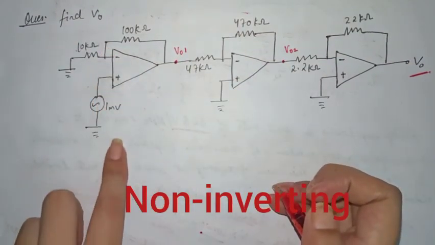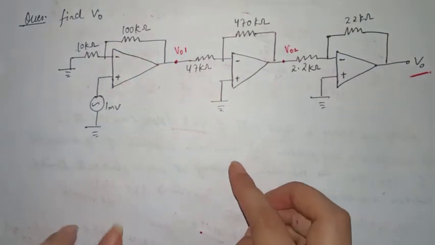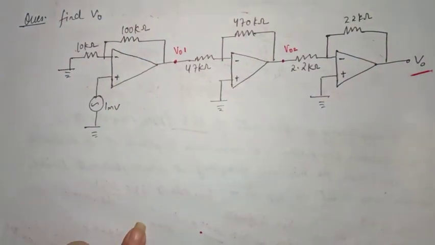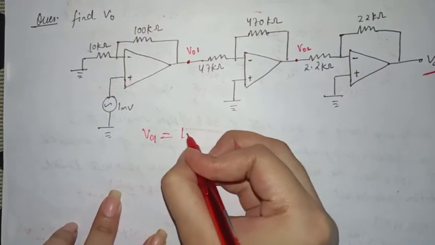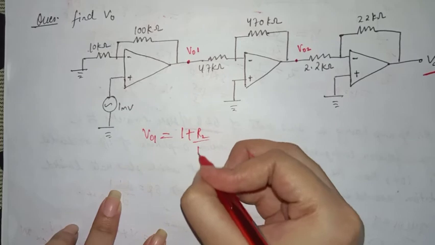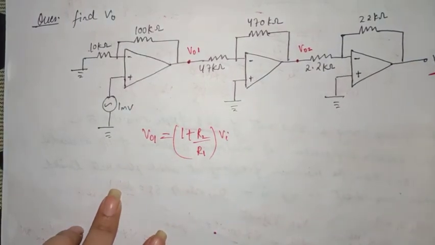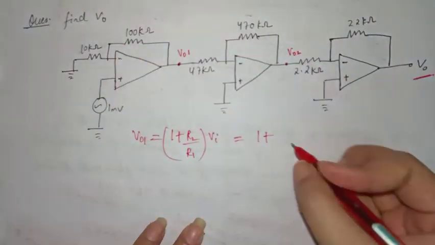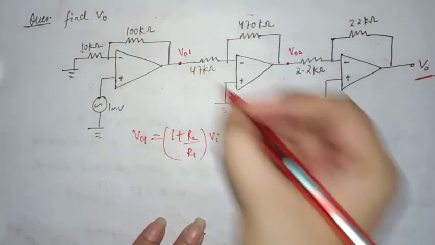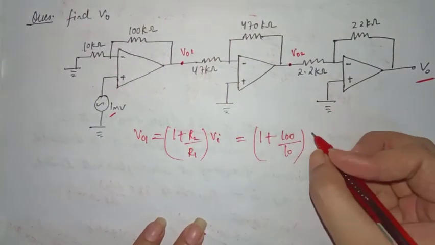So this is the case of a non-inverting amplifier, and the output voltage V01 is given by 1 plus R2 by R1 into Vi, means 1 plus R2 is 100 and R1 is 10, and the value of Vi is 1 millivolt.